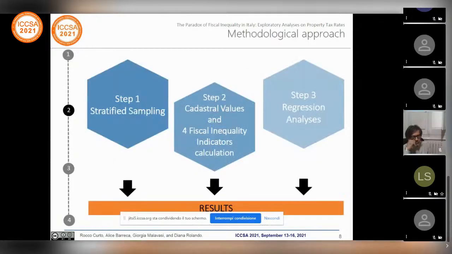The methodological approach we followed is based on 3 main steps: a stratified sampling related to luxury properties, the creation of 4 fiscal inequality indicators able to make explicit the gap between cadastral values and property prices, and finally some regression analysis.